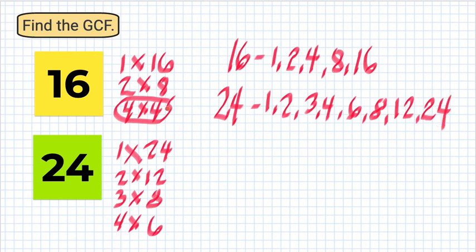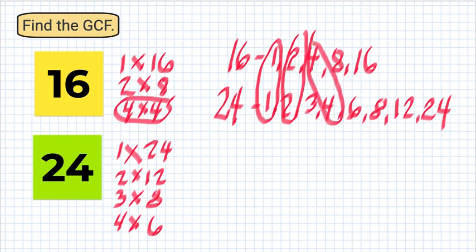Yes. Now let's encircle the common numbers. 1 is common, 2 is common, 4 is also common, 8 is also common. Are there any more? No more. Only 1, 2, 4, and 8. So the common numbers here are 1, 2, 4, and 8.